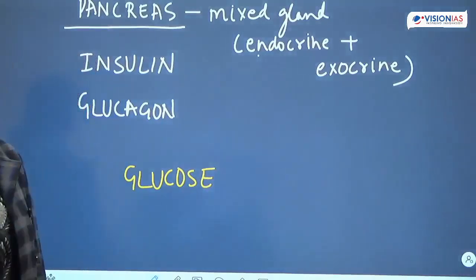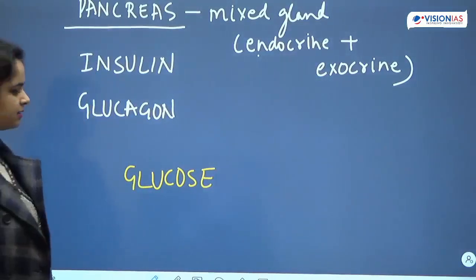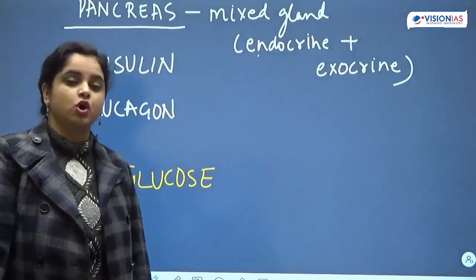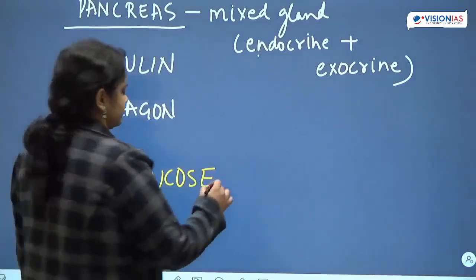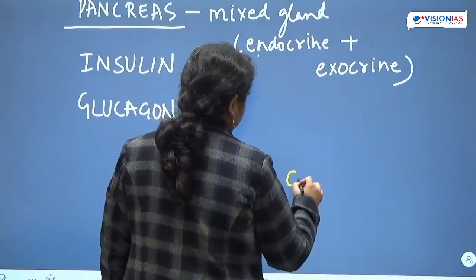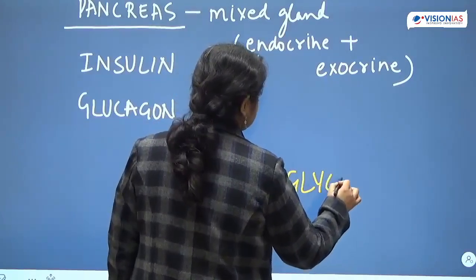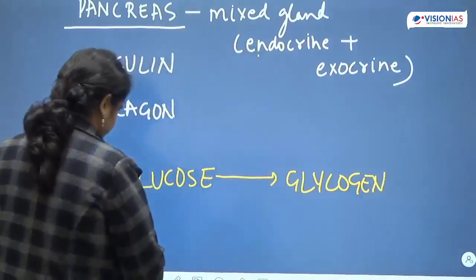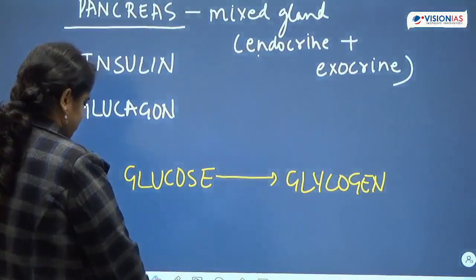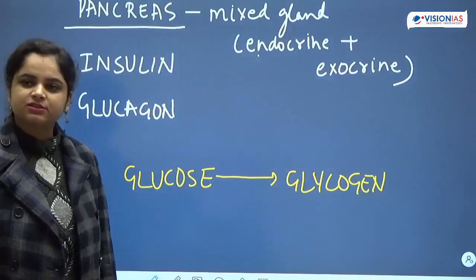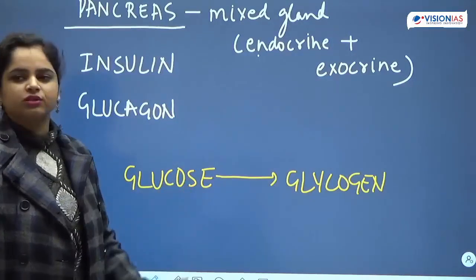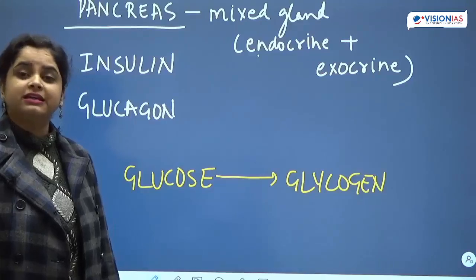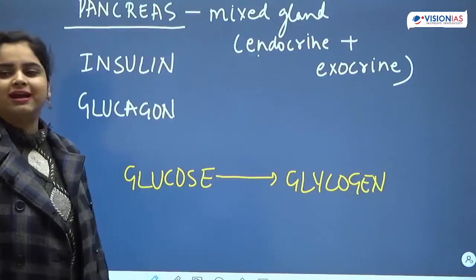So glucose is the main source of energy, and when this glucose is not being used in the body and it is extra, what the body does is it stores it in the form of glycogen. This glucose, when it is extra in the body, is stored in the form of glycogen, so that whenever it's needed in future, the body can utilize it.